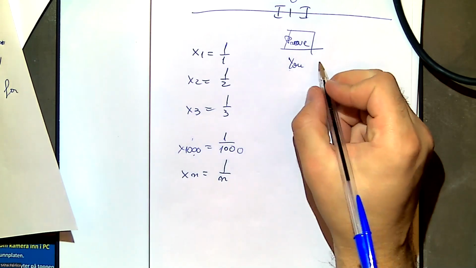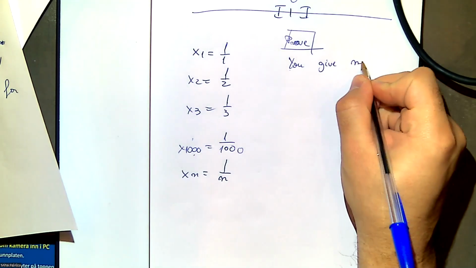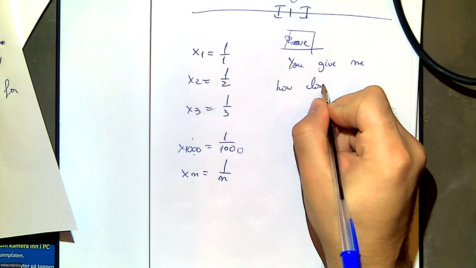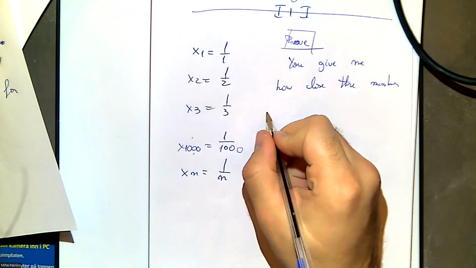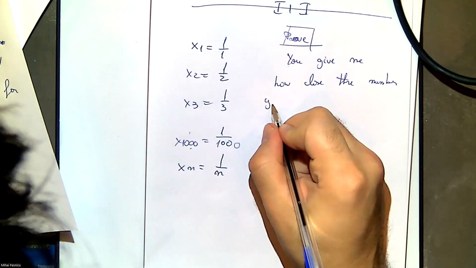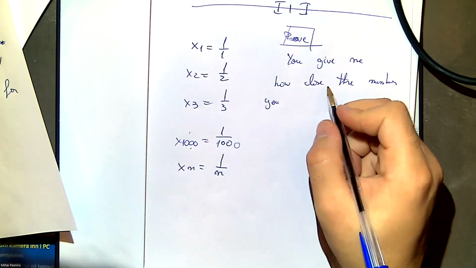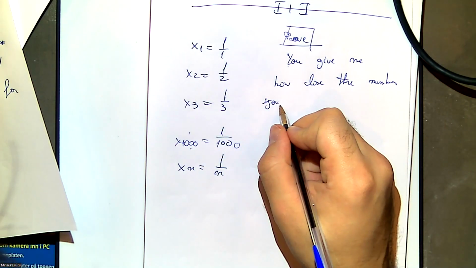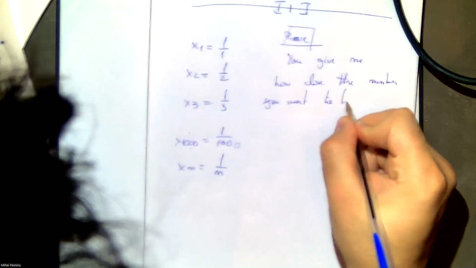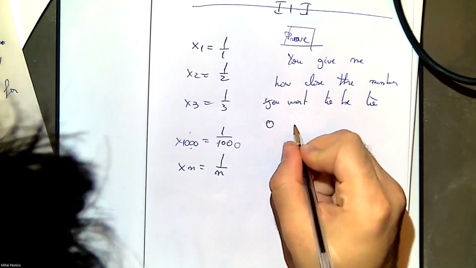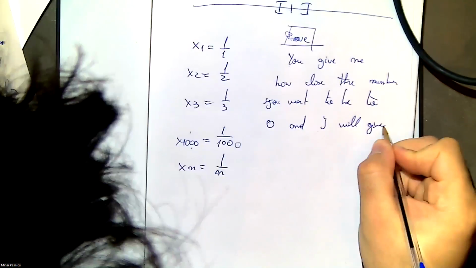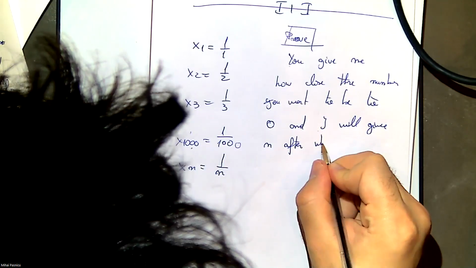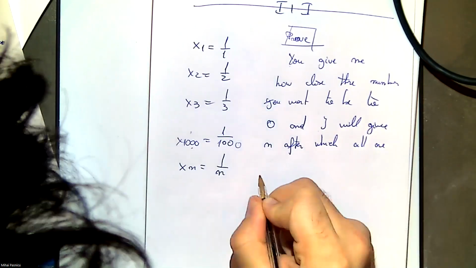The way you prove it is you give me how close to 0 you want the numbers to be, and I will give you an n after which all of them are that close.